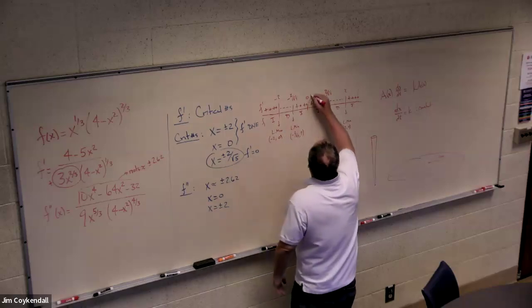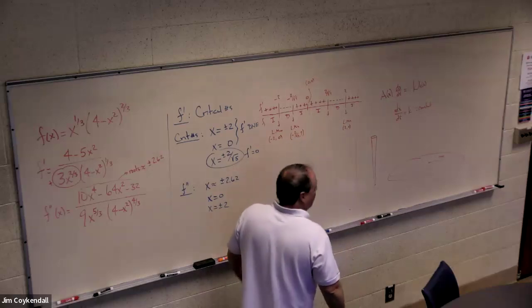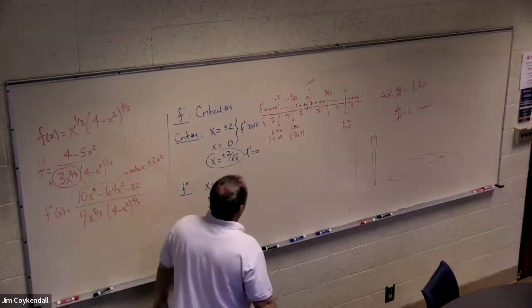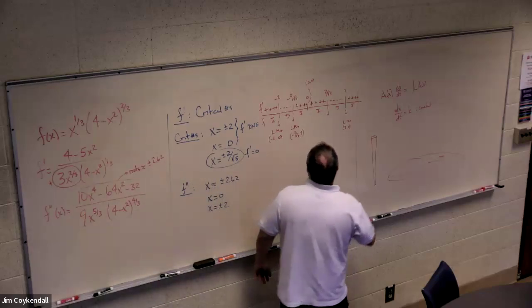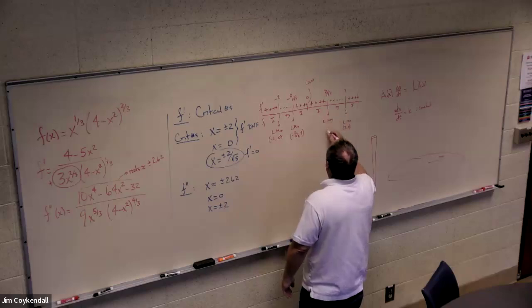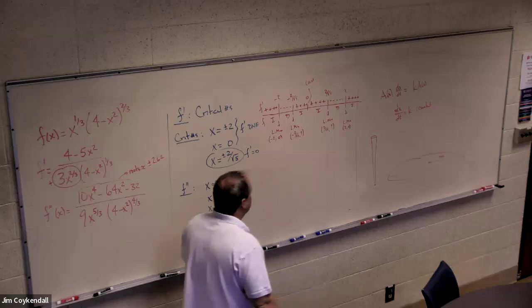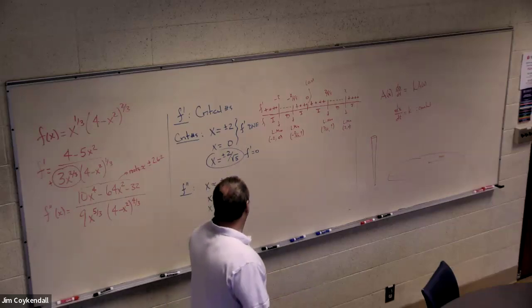This is neither a local max nor min, but I do know it occurs at 0, 0. 0 is easy to plug into this particular function. There is a local max at 2 over radical 5, and it'll be the opposite of whatever the min value is. Okay, so that gives me a pretty good perspective on this.